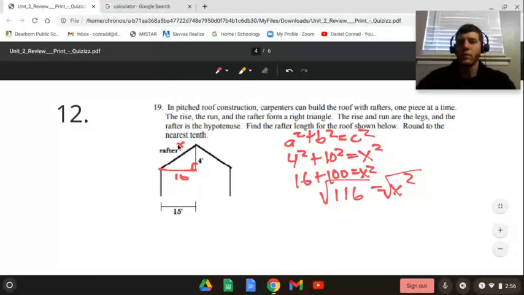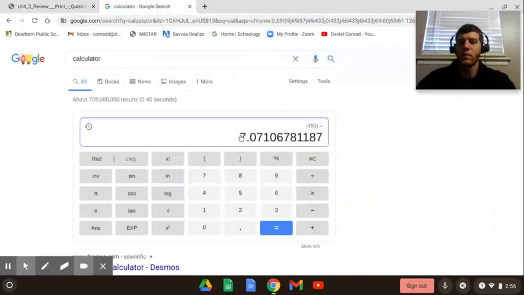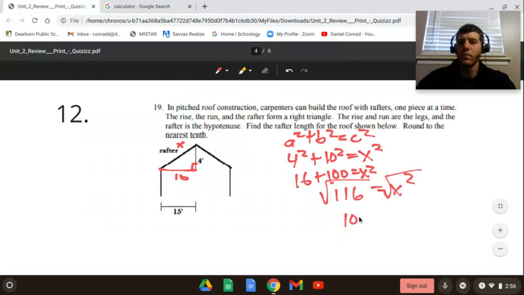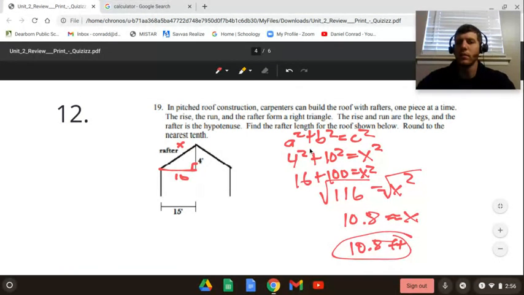This is round to the nearest tenth. So that's going to be 10.8 feet. Okay. You have two sides of a right triangle, you're finding the third. That's Pythagorean theorem. A squared plus b squared is c squared. Leg squared plus leg squared is hypotenuse squared.